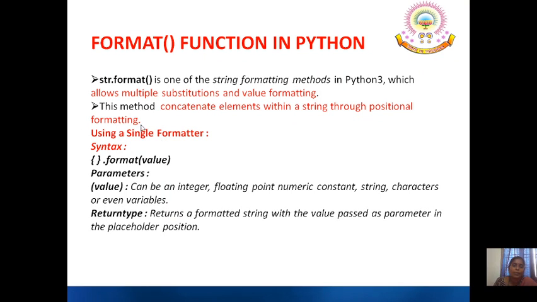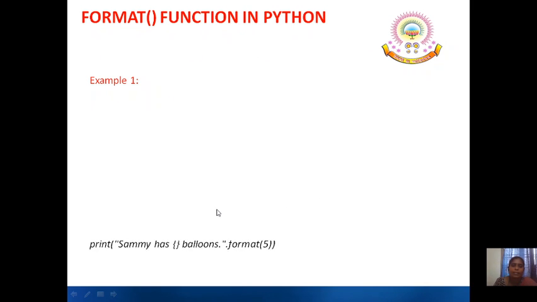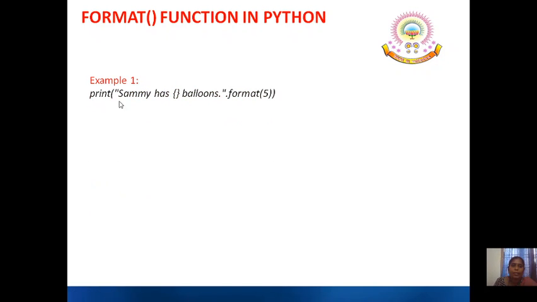So it will return a formatted string with the value that you have passed as a parameter in the place of the placeholders. So example is like this: print Sammy has placeholder balloons. So in this placeholder place, whatever you have written in format will be printed. So output will be like this: Sammy has 5 balloons.